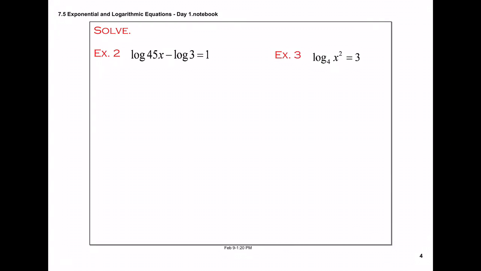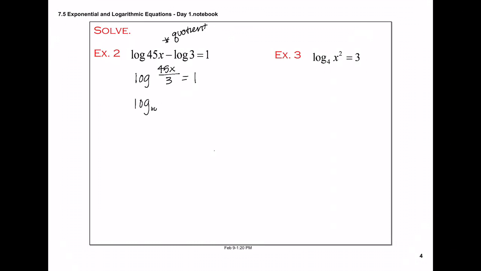Example number 2, we have log 45x minus log 3 equals 1. So the first thing I want to notice is I need to use my quotient property because I have a subtraction sign. So I want to write things as a single log. Log 45x over 3 equals 1. 45x divided by 3 is 15x.